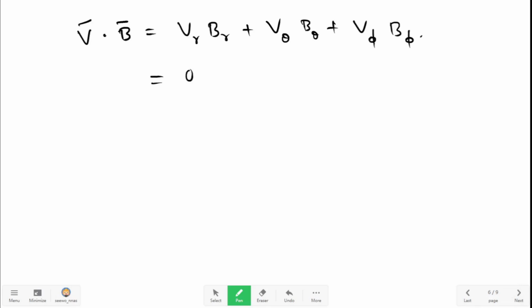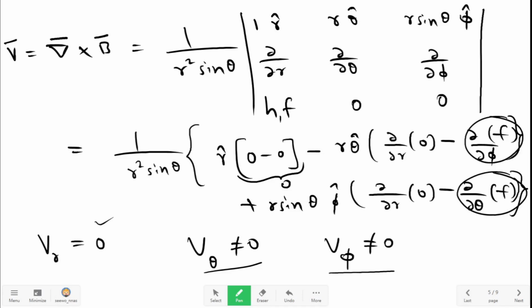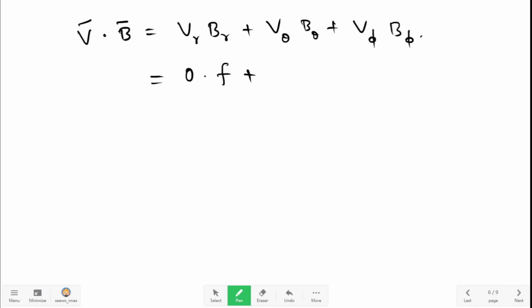Therefore here we have V_r equal to 0, B_r not equal to 0, B_r is F, plus V_theta. V_theta we haven't calculated exactly, it involves del F upon del phi, with r theta cap, and then there is 1 by r square sin theta outside, but it is definitely non-zero.